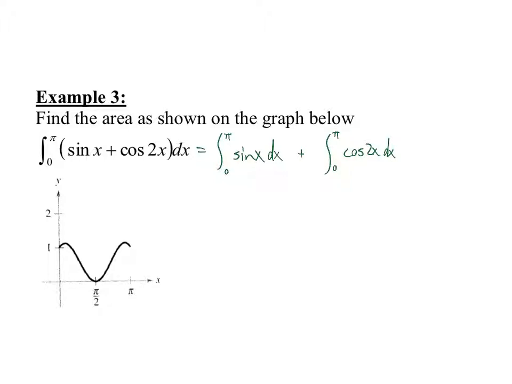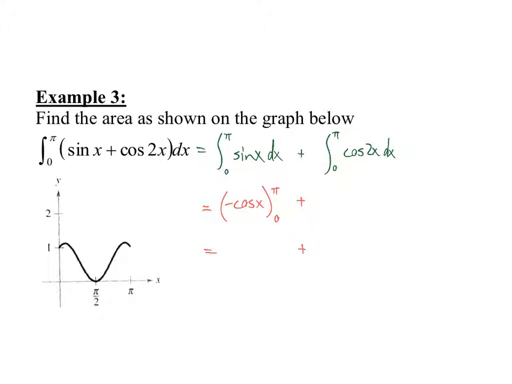Do I need to use substitution for the first half? No. The integral of sine is what? Negative cosine. So negative cosine x, we're going to evaluate from 0 to pi, and then we'll put the plus because we've got to do the second half of the problem.